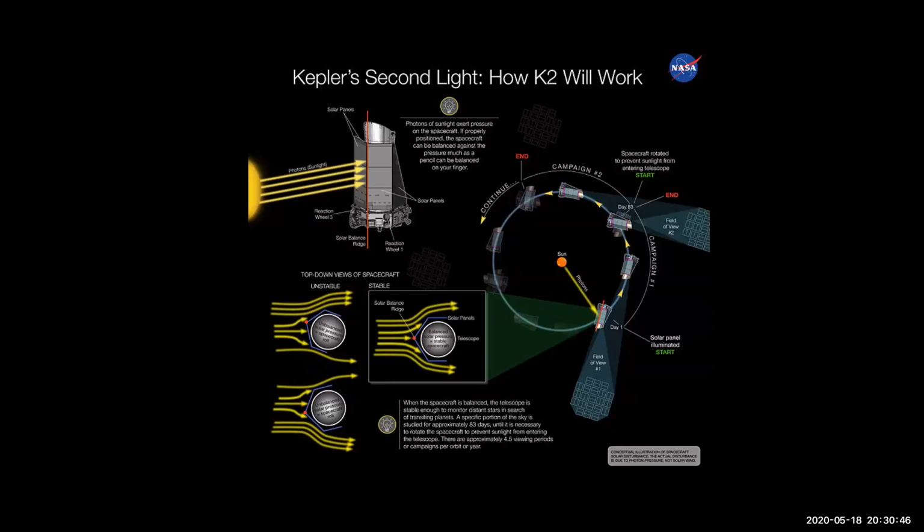And so they were able to extend the mission using this complicated geometry and a technically broken spacecraft. They were able to extend the mission for quite some time, and that allowed for the discovery of many more planets as well.